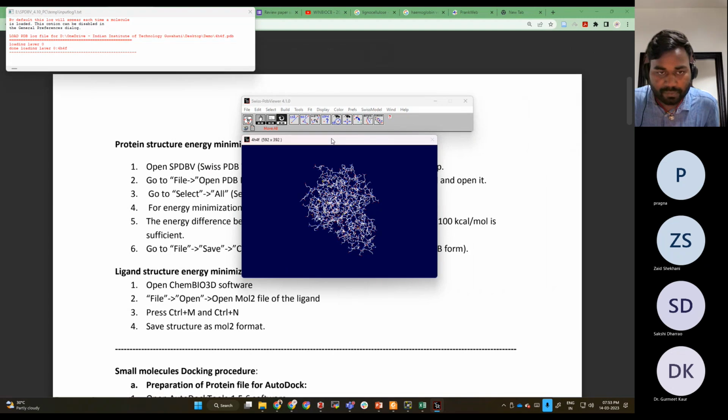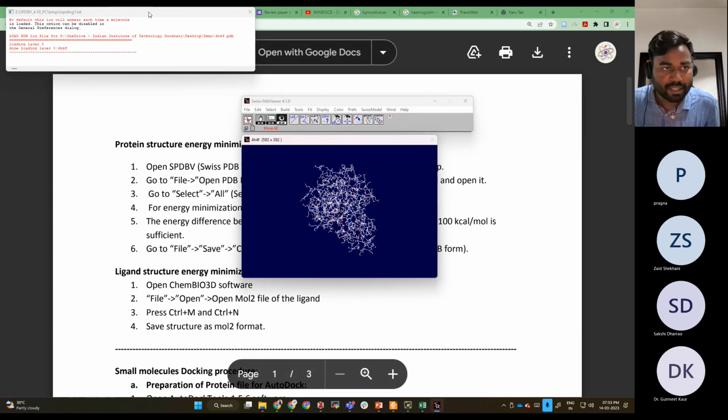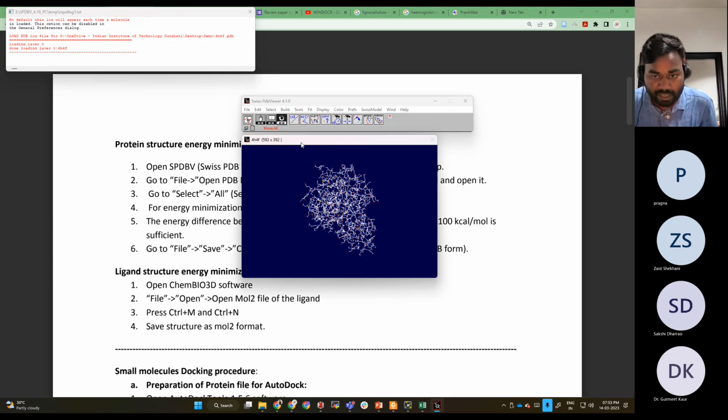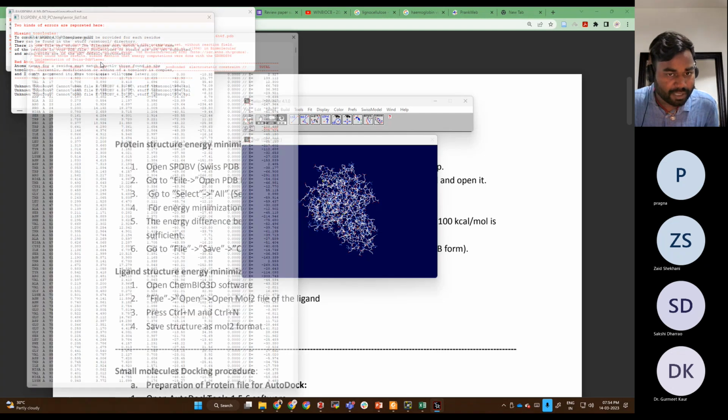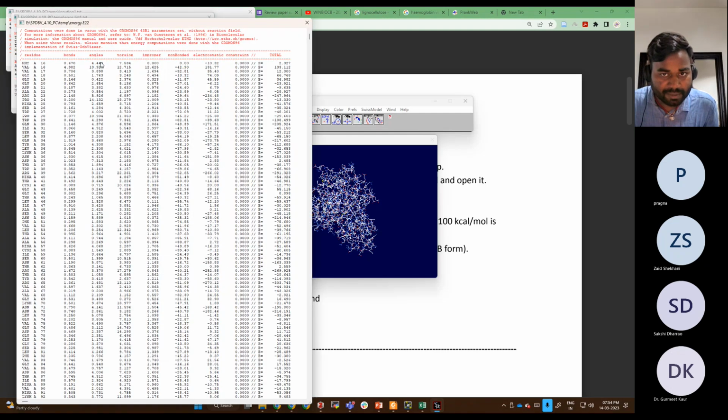Now what you have to do? This is layer number 0, as shown here. Now press Control A, and everything is selected. Now press Control N, and a window will appear. It is now minimizing its energy, calculating the energy for all the atoms.